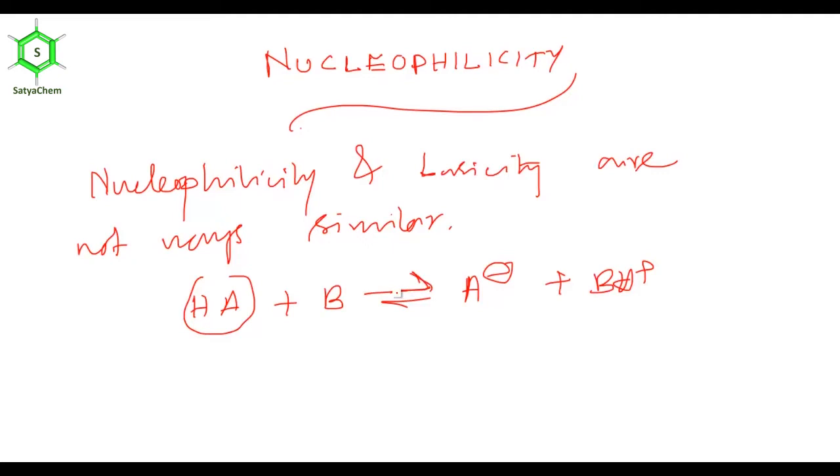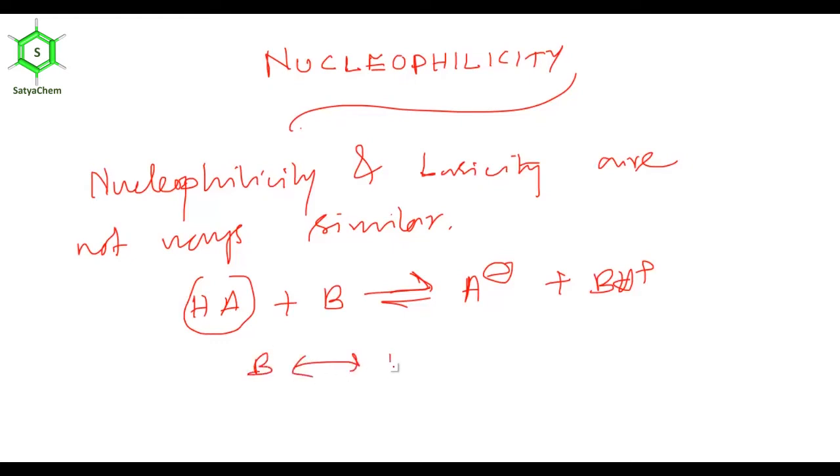But when I am talking about nucleophilicity, a nucleophile has a very unique property in organic chemistry. It has a connection with the carbon center. Clear? It has a connection with the carbon center, not H plus. A base takes up H plus, but a nucleophile makes a bond with carbon, not H plus. That is the main, very basic difference between nucleophilicity and basicity.